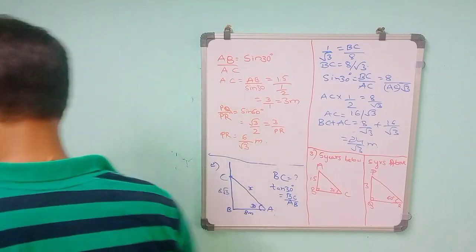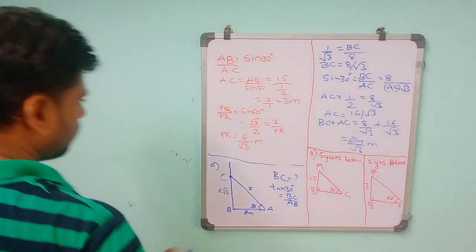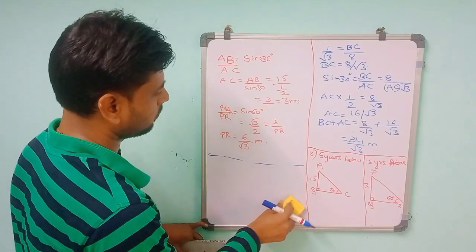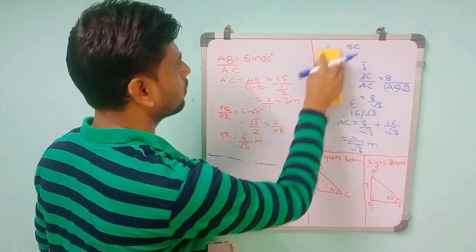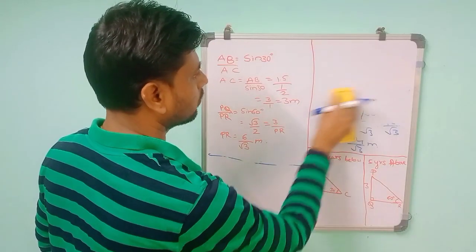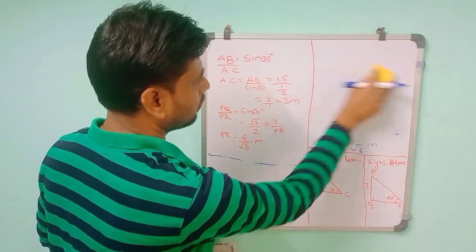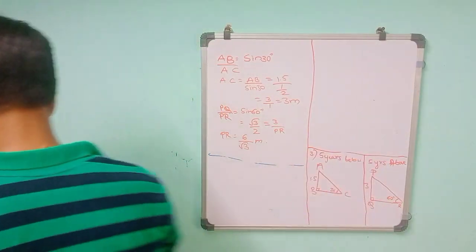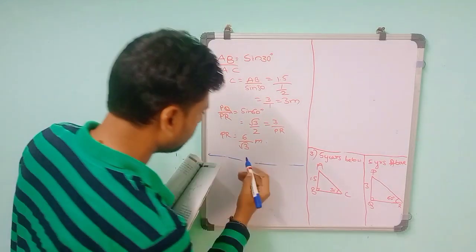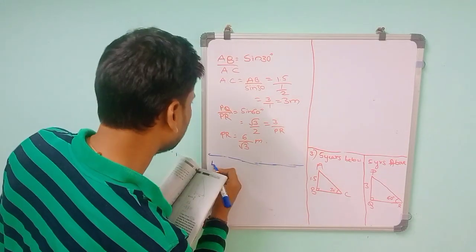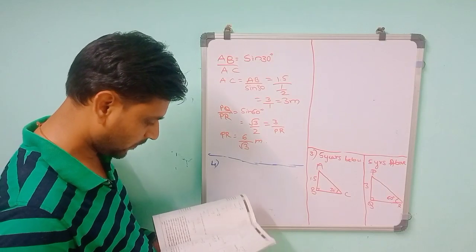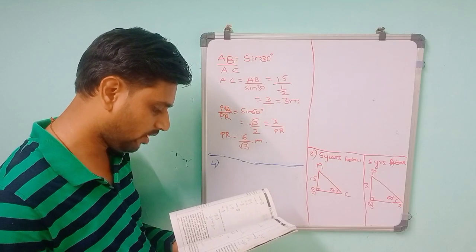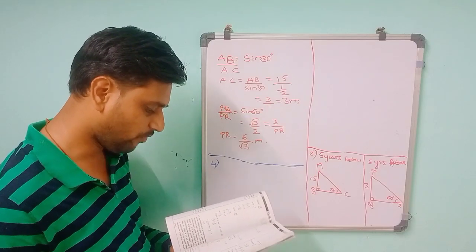The next one, that is the fourth one. They given: the angle of elevation of the top of a tower from a point on the ground, which is 30 meter away from the foot of the tower, is 30 degree. Find the height of the tower.